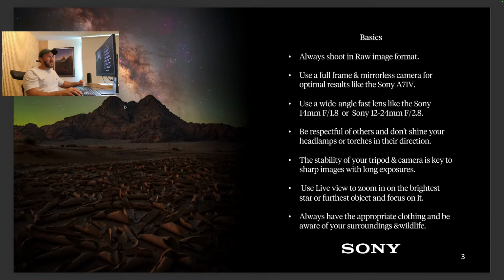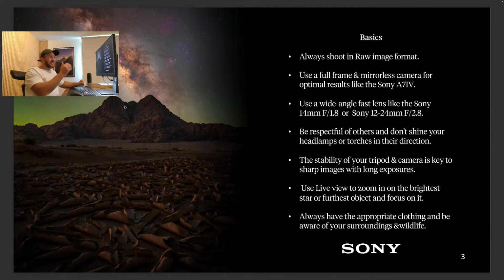Now, when it comes to using a lens, especially if you're a beginner, I always suggest going out with something wide, like a 14mm. A lot of people like to play around with narrower focal lengths, 24, 35 and so on, and I know that beginners like to push into that as well. But most of my images that you see are taken with extremely wide lenses, for example the Sony 12-24mm or the Sony 14mm f1.8.